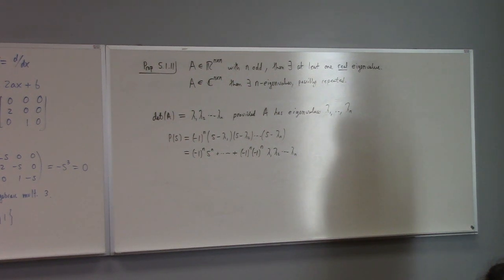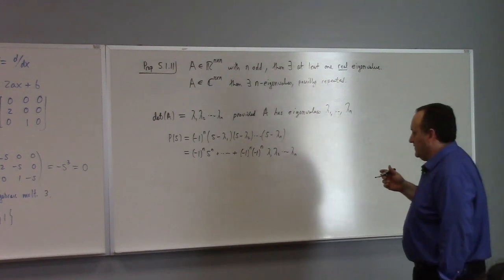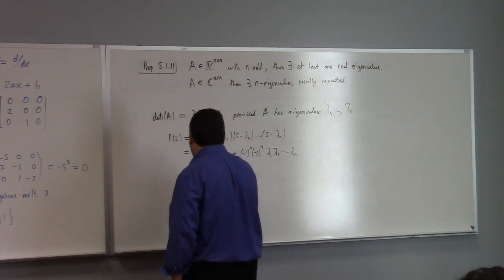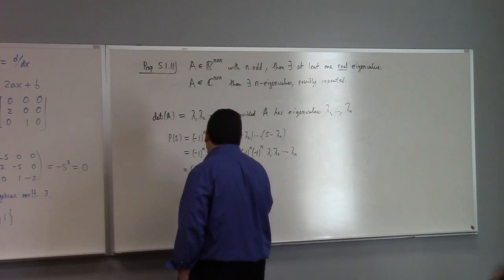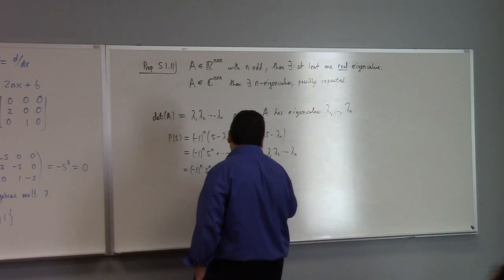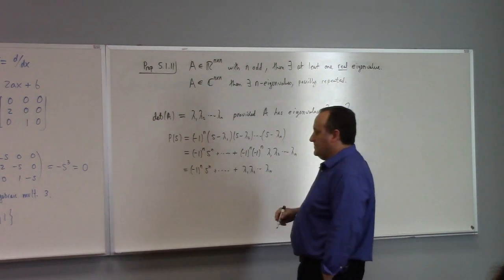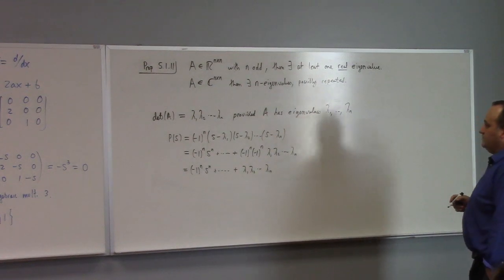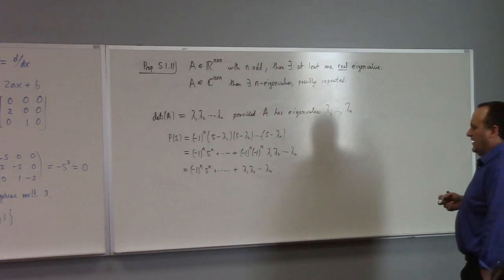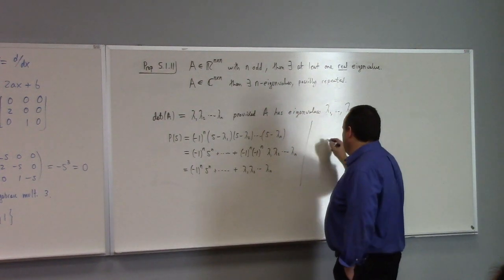So I guess to be careful, all this calculation so far does is show you that you've got minus 1 to the n, s to the n, plus dot, dot, dot. Eventually, you've got your constant term here as the product of the eigenvalues, right? I guess that doesn't really show that the determinant of A is the product of the eigenvalues. But how do I know that the determinant of A is the product of the eigenvalues?